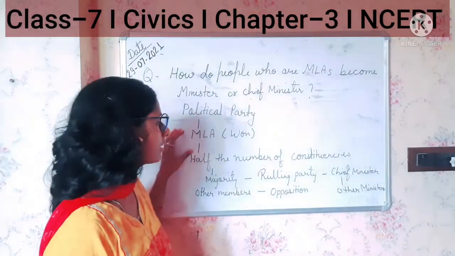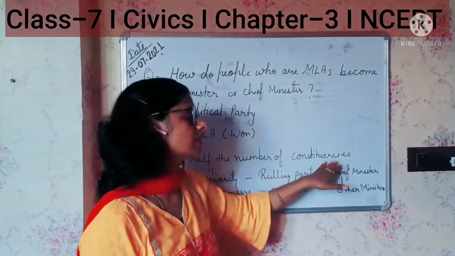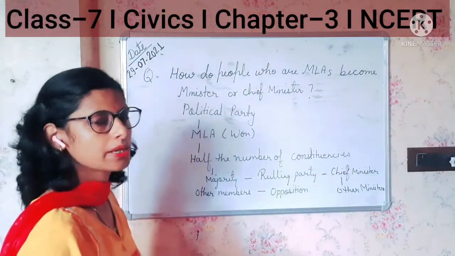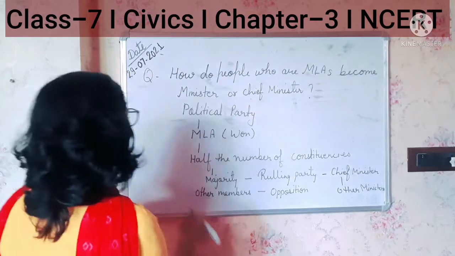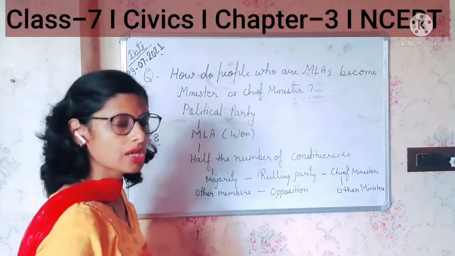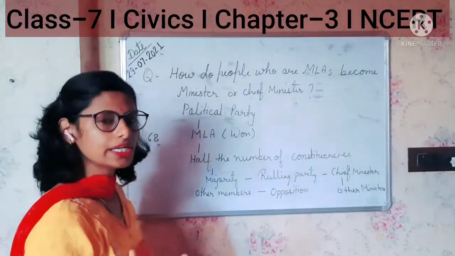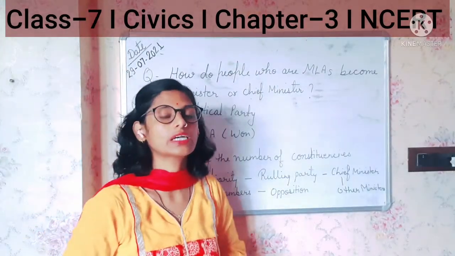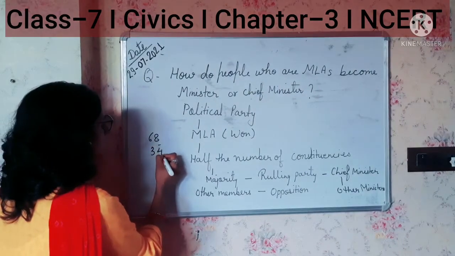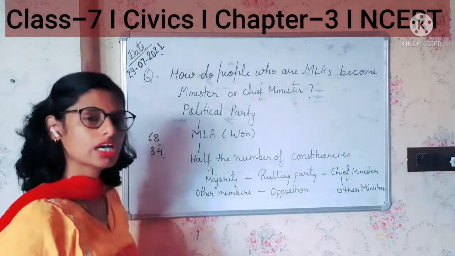Half the number of the constituencies. For example, in your book the Himachal Pradesh example is given, where there are 68 constituencies, and the party that will make the government needs 34 seats.